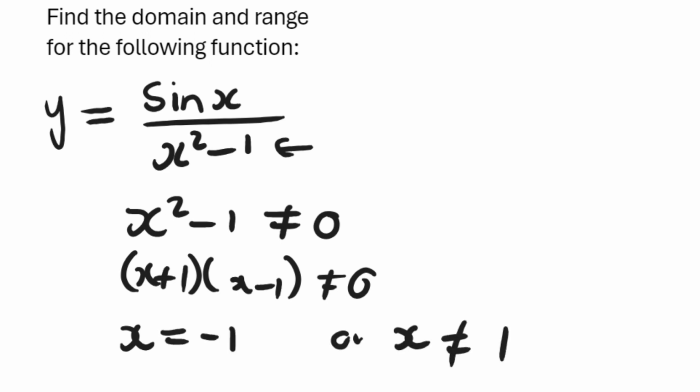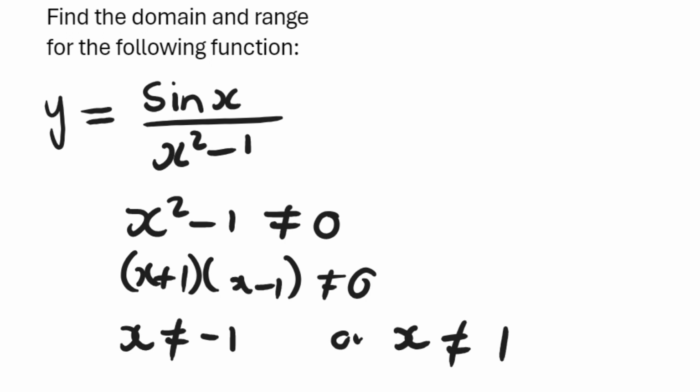So you don't want your x values to become 1 or minus 1, because those are the values of x that will make the whole function undefined, because if we get a 0 as the denominator, we have an undefined solution.